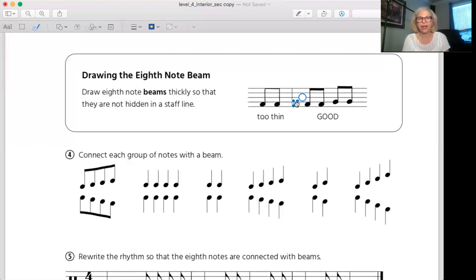My computer's not going to let me do that. You can probably figure this out. You're going to be drawing and slanting the line. That's the beam. You can connect 4 groups of notes with a beam.